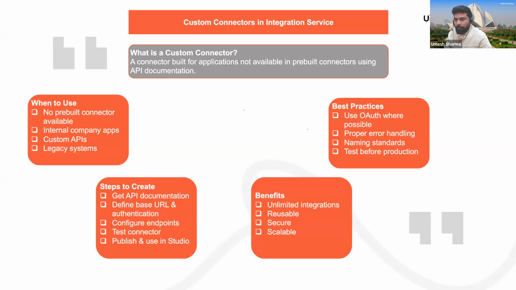I'll show you a demo of how you can create one if you have the API definition, and in case you do not have the API definition from the provider, how you can manually create it yourself on integration service.